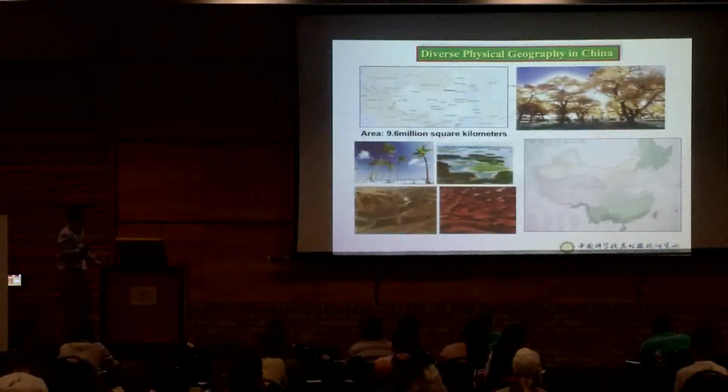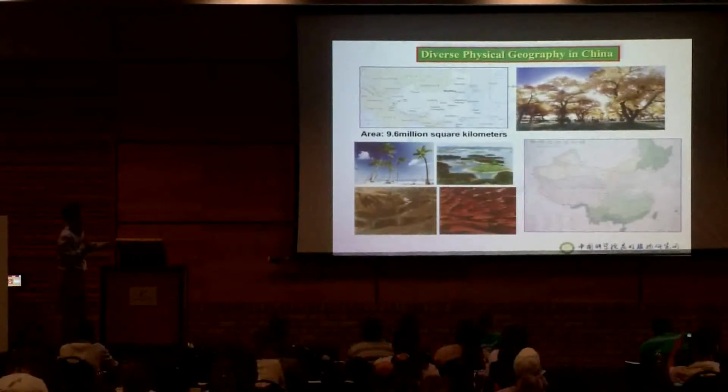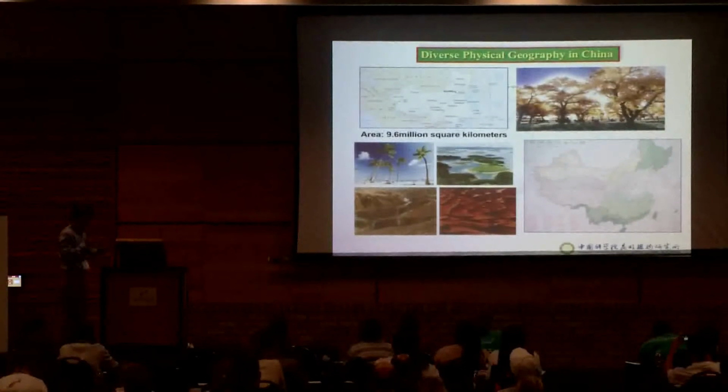And China has a very diverse geography, from the coastal area in the south and the east to the desert in the northwest.